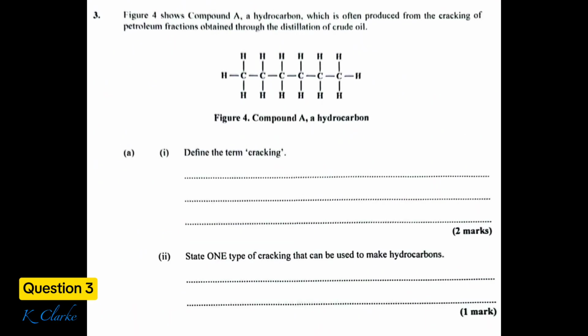Question number 3. Figure 4 shows compound A, a hydrocarbon which is often produced from the cracking of petroleum fractions obtained through the distillation of crude oil. I. Define the term cracking.